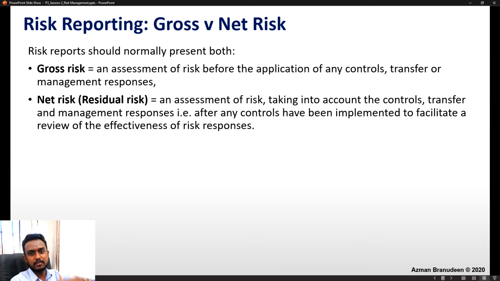The total, the gross. The net risk is the residual risk, which we looked at in the cube, which is an assessment of risk taking into account the controls, transfer and management responses. That is, after any controls have been implemented, to facilitate a review of the effectiveness of risk responses.